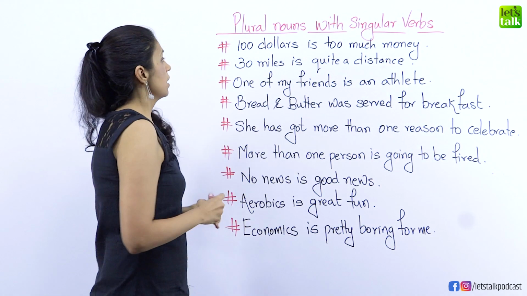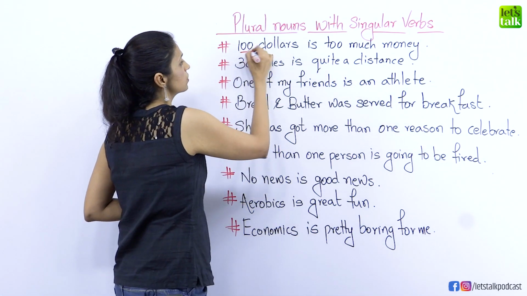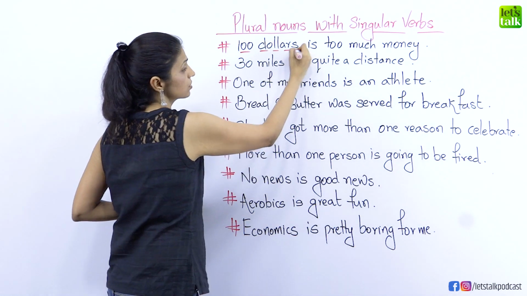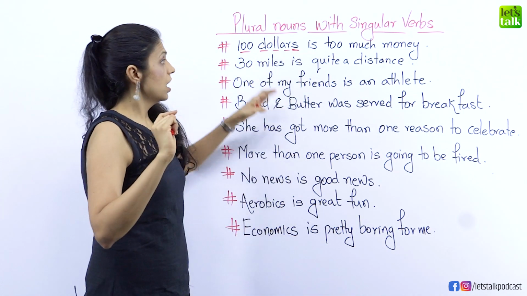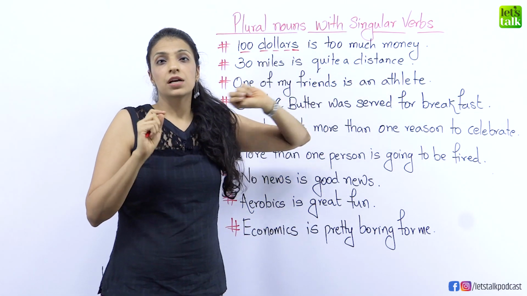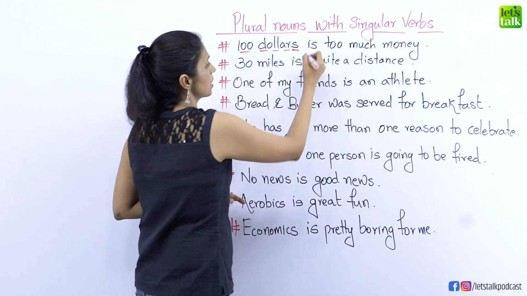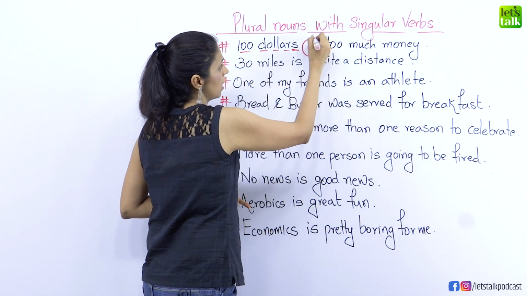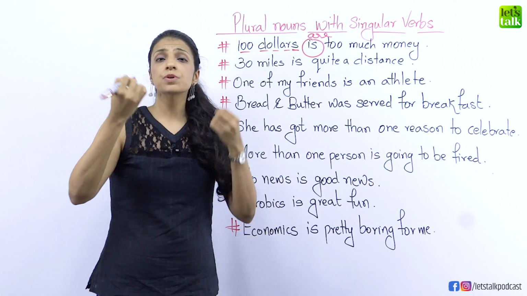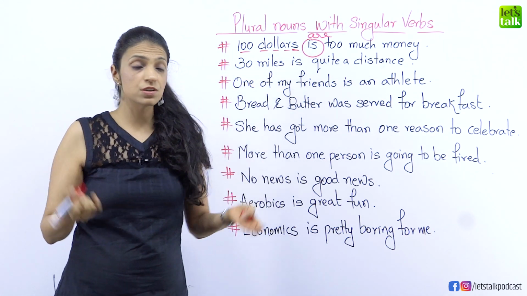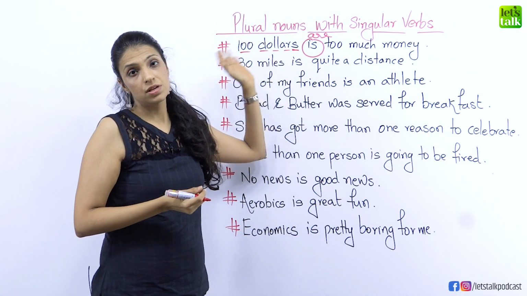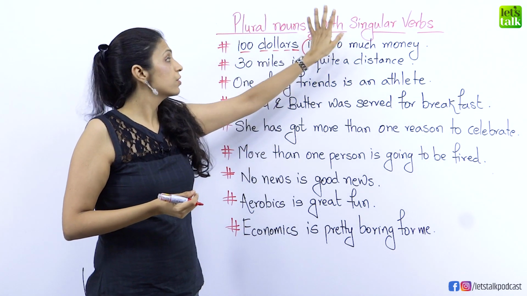So, if I tell you $100, okay, now $100 is plural, you have an S because it's more than $1. $100 is too much money, okay? You must be thinking, why aren't we using are? So, as per our grammar rules and things that we've learned till date, we always believe plural nouns are followed by plural verbs.